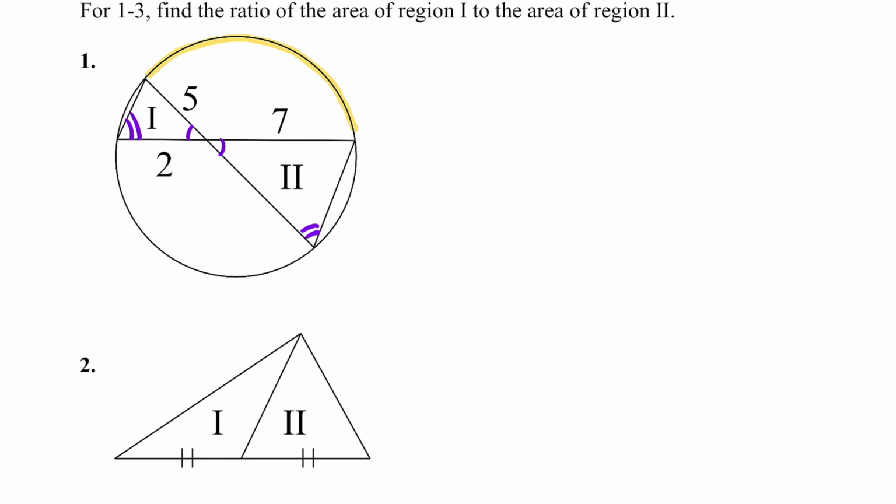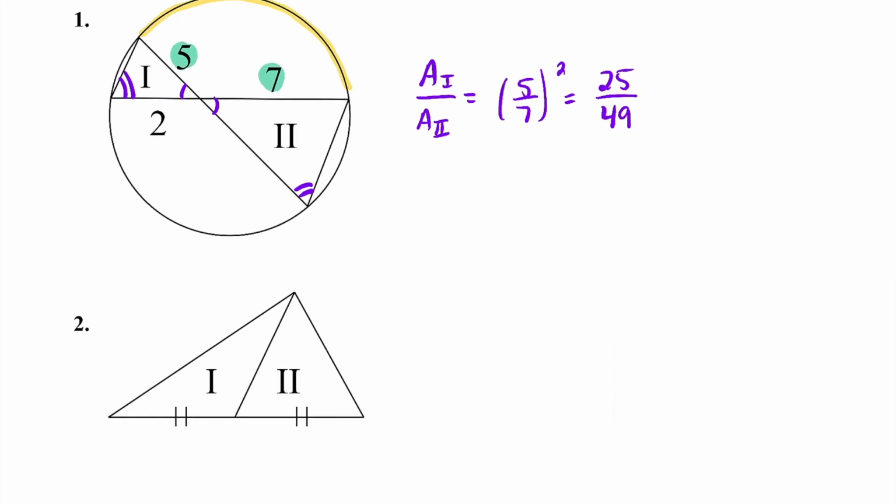So for corresponding sides, that means that 5 and 7 are along the corresponding sides. So the ratio of triangle 1 to triangle 2 is 5 over 7 squared, which gives us 25 over 49. All right, that's number 1.